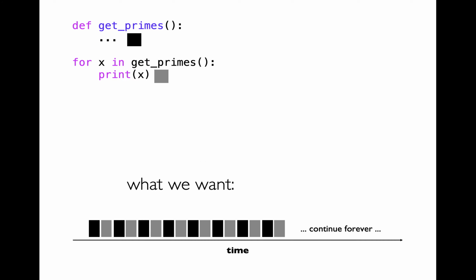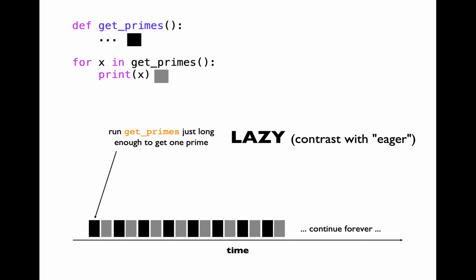So let's talk about the timeline for a generator function. What exactly we want is to generate one prime number, then do something with the prime number, which in this case would be printing it, and then go on to find the next prime number. So what we need from a generator is this pause and resume functionality.